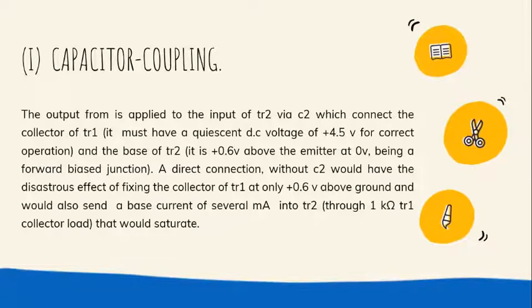Being a forward biased junction, a direct connection without C2 would have the disastrous effect of fixing the collector of TR1 at only plus 0.6 volt above ground and would also send a base current of several milliamperes into TR2 to the 1 kilo ohm TR1 collector load that will saturate. Next.